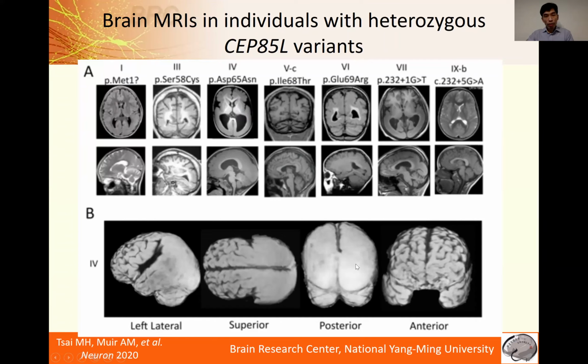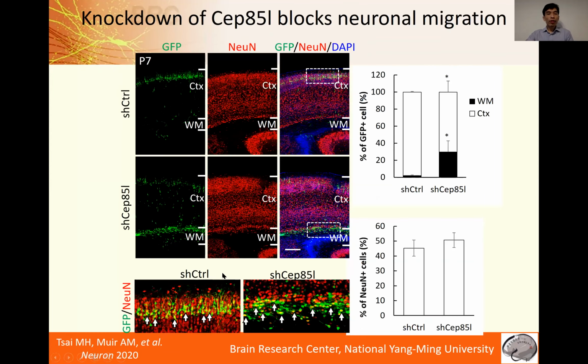Most of these patients have posterior dominant lissencephaly, which means that the posterior part of the brain is more severe than the frontal cortex. Of course, the first thing we wanted to look at is whether these mutations also cause neuronal migration defects.